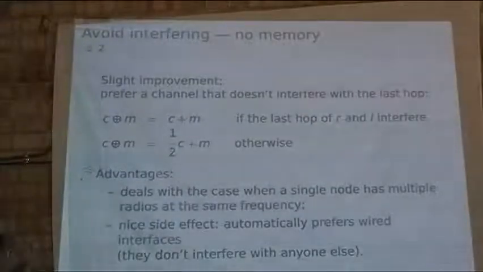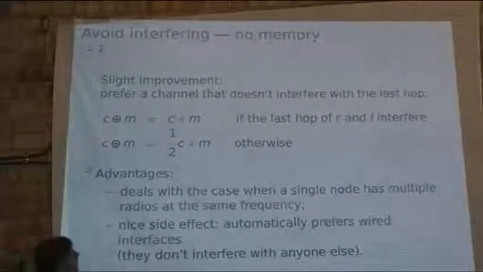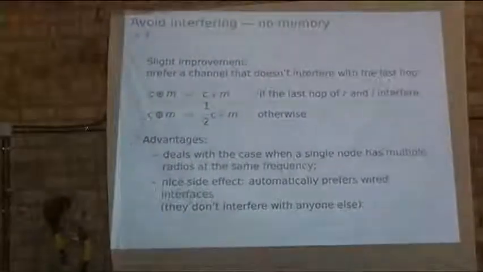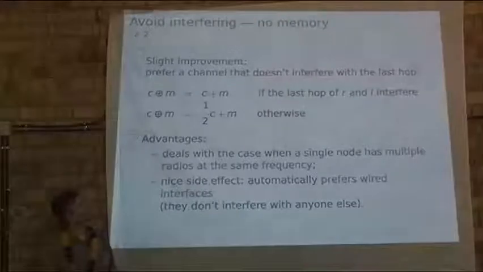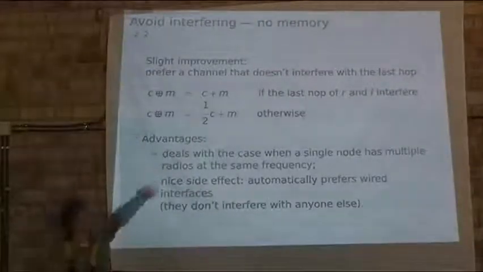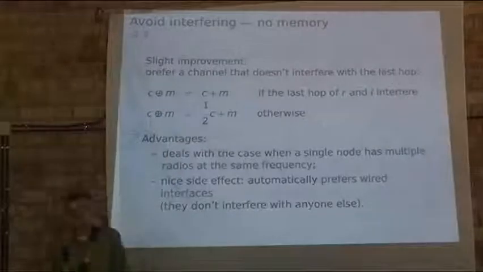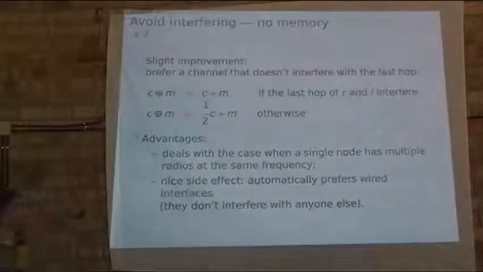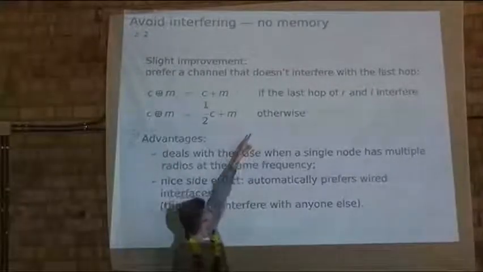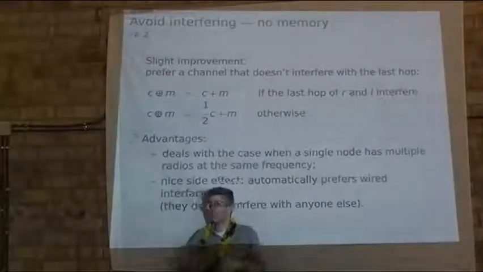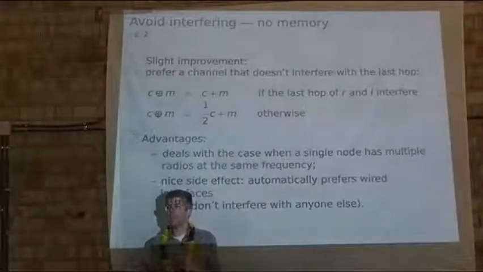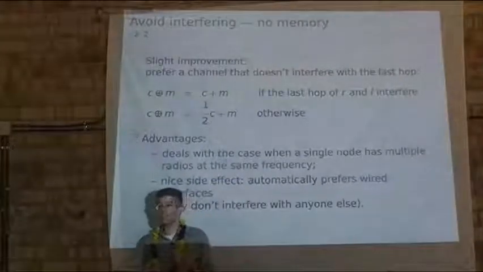Okay. Now a slight improvement over there, which is to prefer a channel that doesn't interfere with the last hop. So the formulae are the same. You're still using this 1/2 of C, but the condition is a little bit different. You're not using the full formula when it's the same interface, but when it is an interface that interferes with the incoming interface.